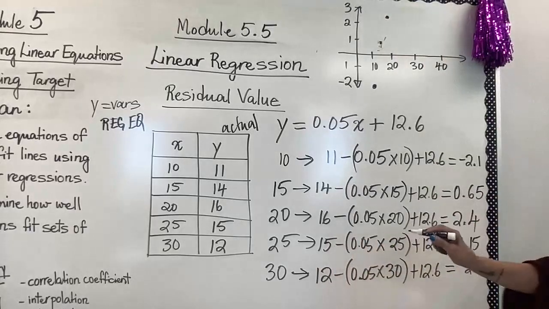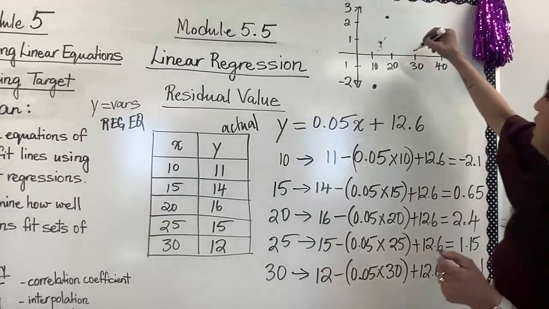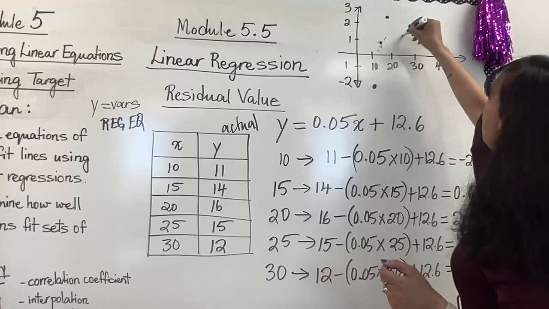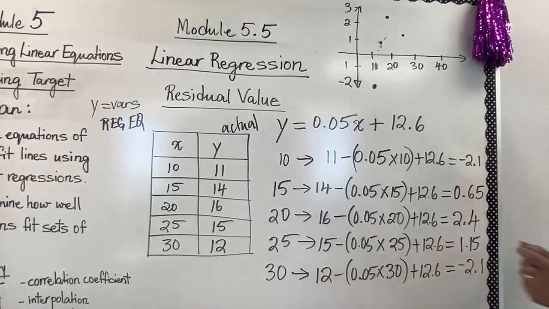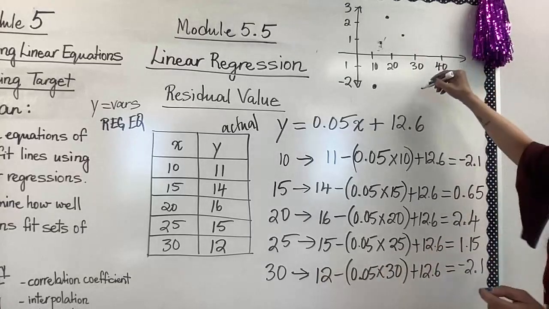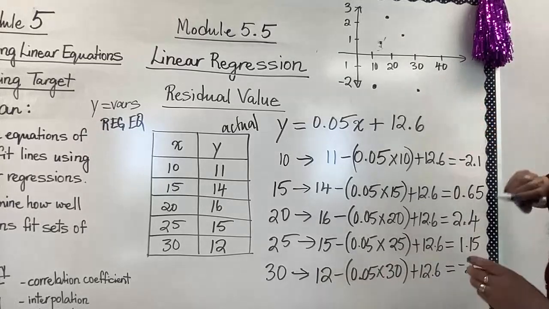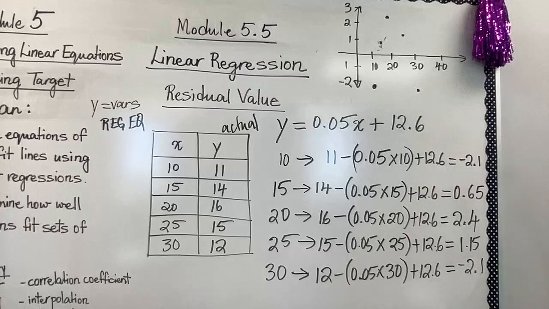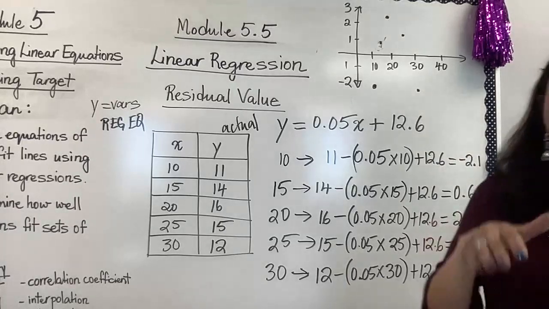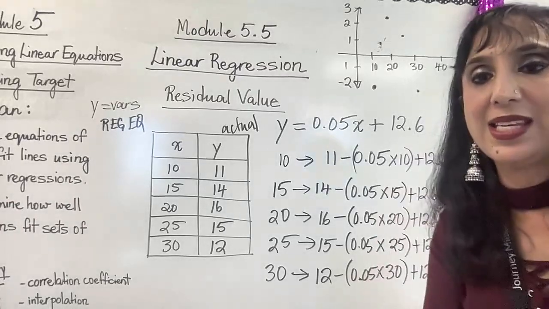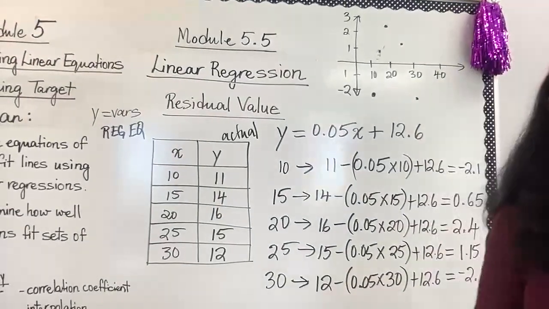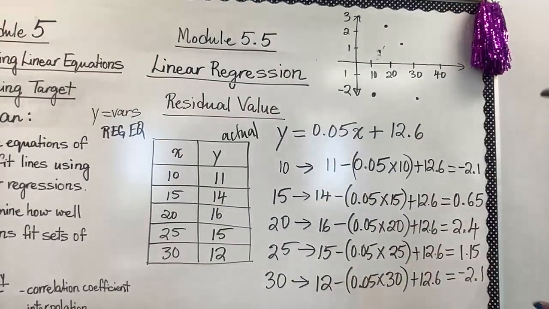For 25, it is 1 1500, so here. For 30, it is negative 2 1/10. It looks like nothing is on the x-axis, and the points are not close together on the x-axis. That is why I wanted to show you this residual plot. For it to be a good fit, it needs to be close to the x-axis and randomly distributed above and below the x-axis.